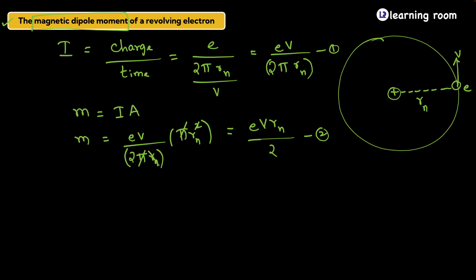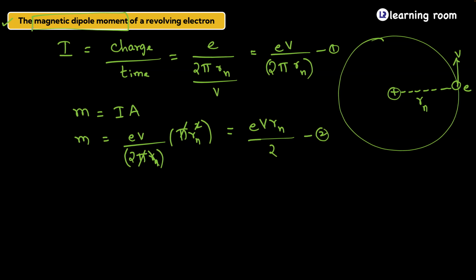V stands for the speed with which it is revolving, and Rn stands for the radius of the nth orbit. So it is practically not possible for us to calculate this V and Rn. So you need high-end equipments to find all those things. So what we will do is, in general, whenever you write a mathematical equation, you should always be able to write that formula, so-called formula, in terms of parameters that are easier to be calculated, right?